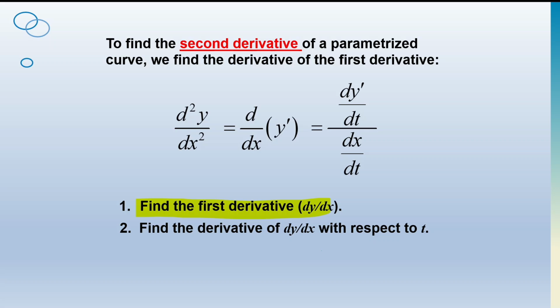And then the last step, whatever I have in the second step, I'll divide it by dx over dt. You see here, this is the derivative of the first derivative, so it's dy prime over dt. So y prime, I found the derivative with respect to t, then I'll divide it by dx over dt. So we can summarize the steps into these 3 steps.